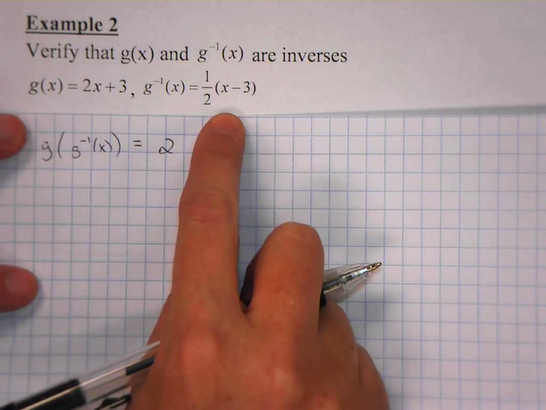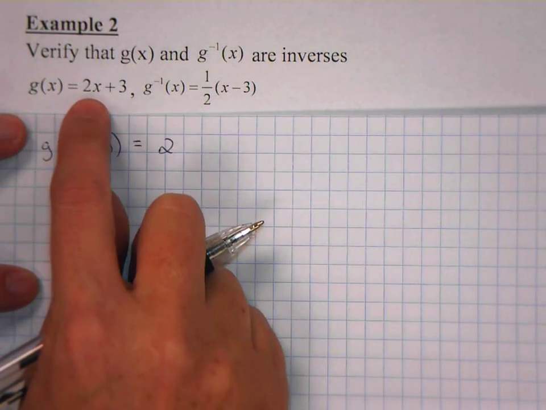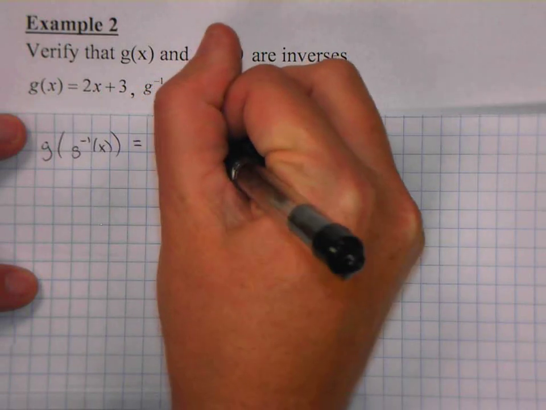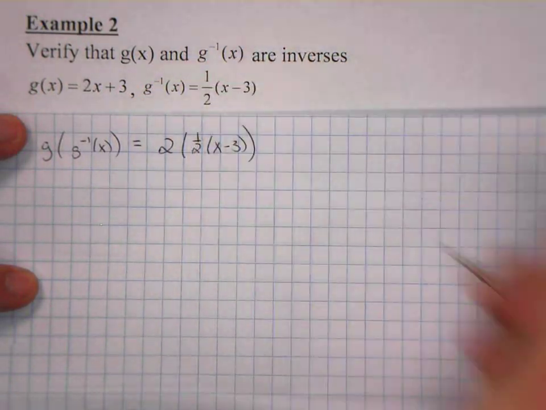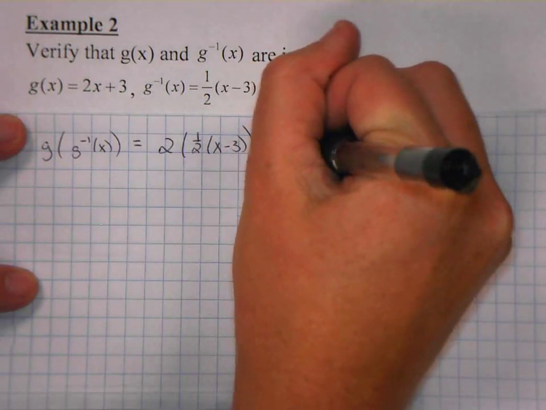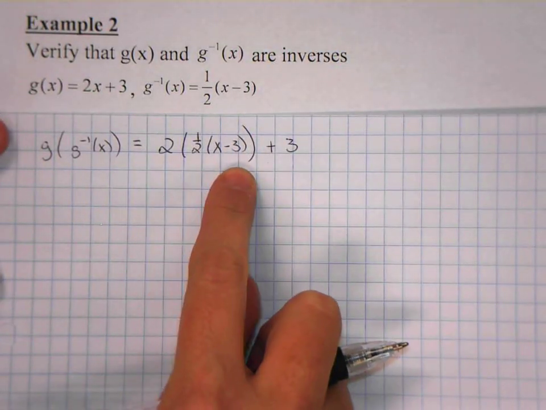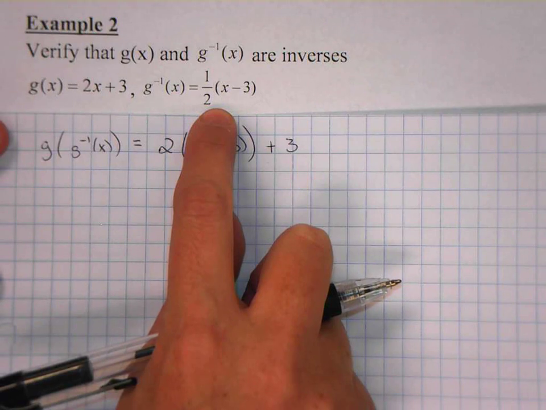So instead of 2 times x, I would get 2 times 1/2 x minus 3, and then the plus 3. So what I've written in this parenthesis here is the g inverse of x equation, and it's taking the place of the x in g.